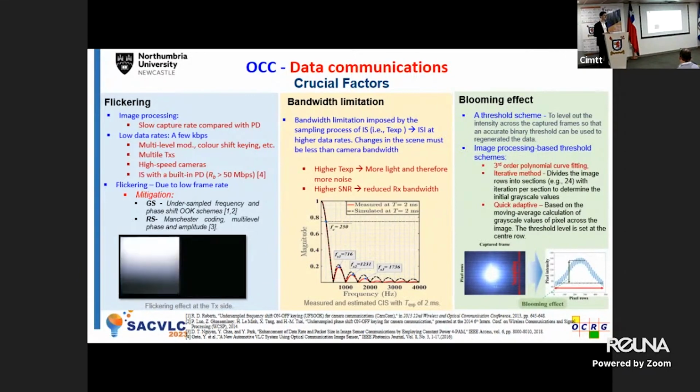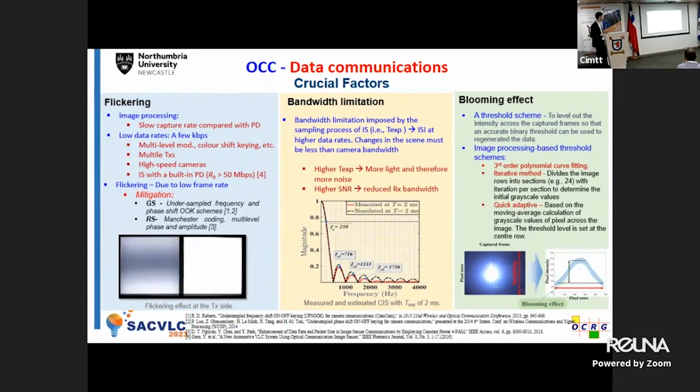Once I expose the light for a certain time, I'm allowing power to come in, however at the cost of a low pass filter, which limits the bandwidth. I measured the bandwidth of a normal camera, and you can see it's very low, in the range of a few hundred hertz.